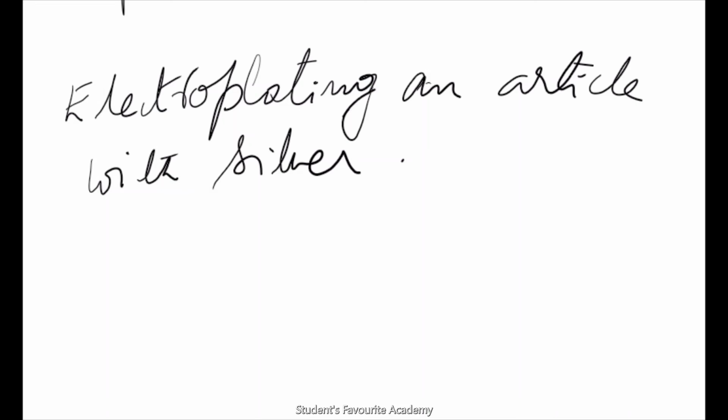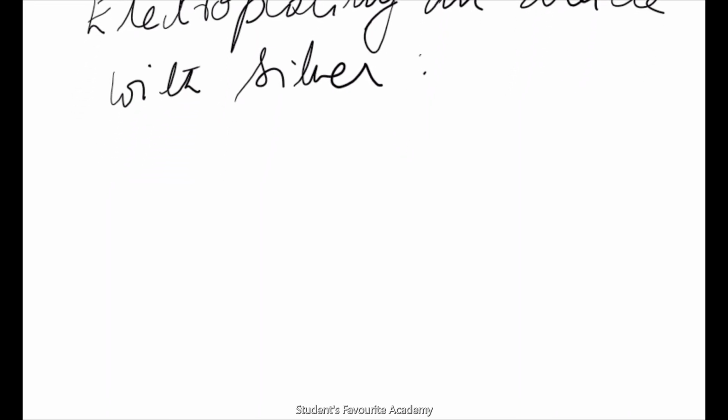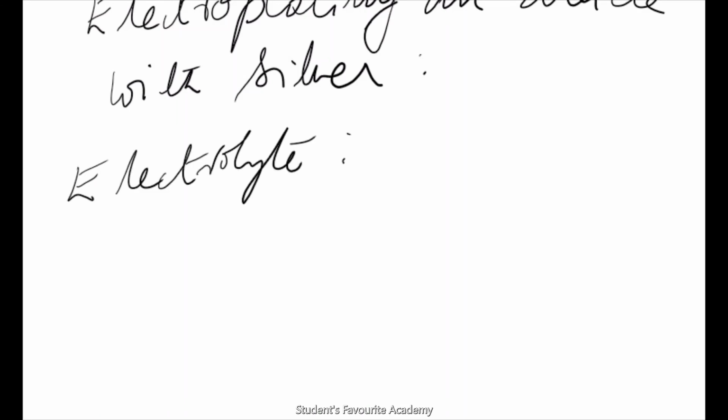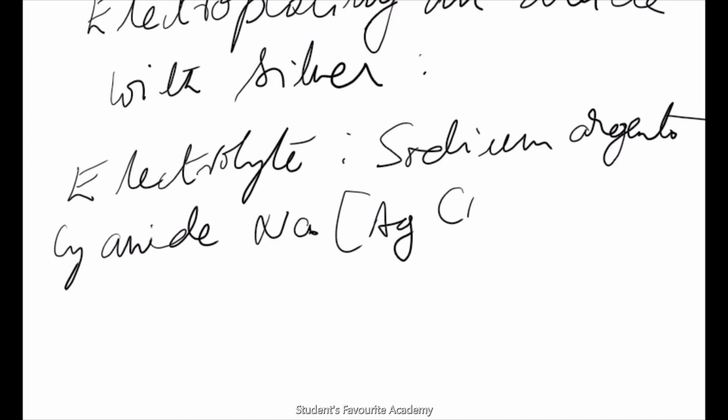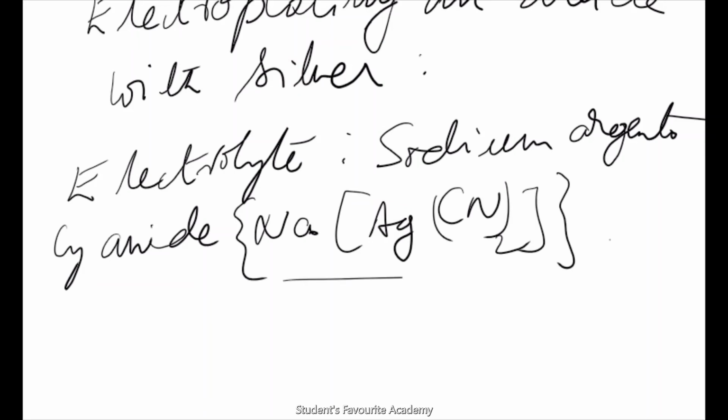In that case, the electrolyte which is generally used is sodium argentocyanide. The formula is NaAg(CN)2. This is the formula, NaAg(CN)2.